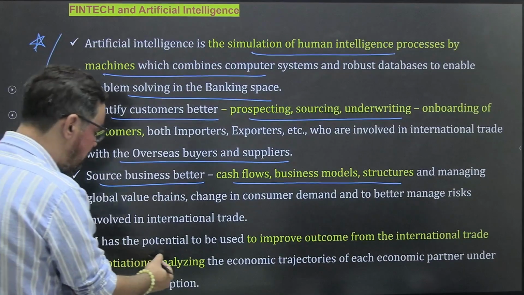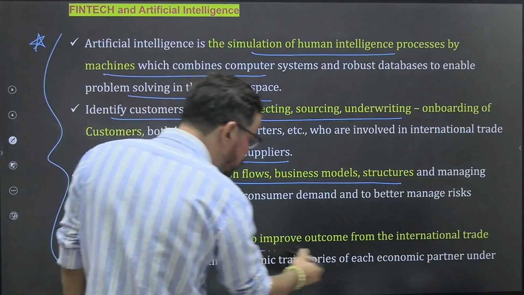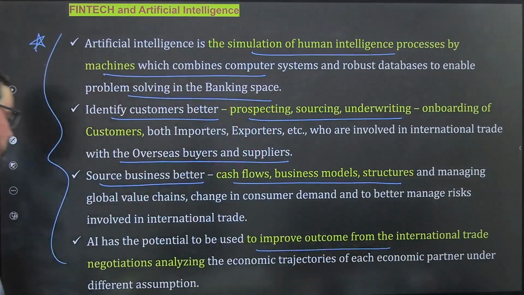AI has the potential to improve the outcome from international trade negotiation, analyzing the economic trajectories of each economic partner under different assumptions.